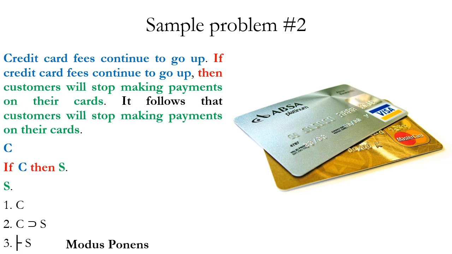When I gave you the definition of modus ponens, the conditional was first and the antecedent premise was second, but the order can be reversed and it still fits the same logical form. Because one of the premises is a conditional, an if-then, the other premise affirms the antecedent of that conditional, and then the conclusion is the consequent of that conditional. So that's a modus ponens argument even if the order of the premises is reversed.